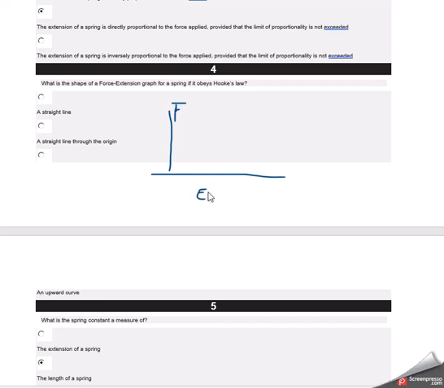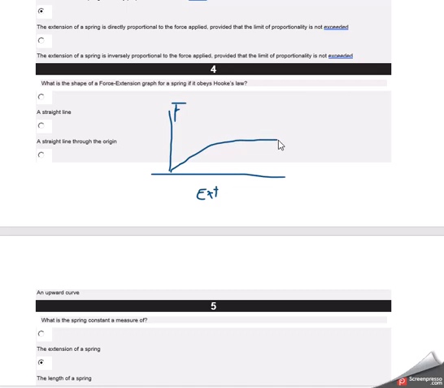Extension means stretches, and of course the stronger you stretch, the stronger the force. Basically, it's an increasing function. The question is whether it's linear or not. Hooke's law says it's supposed to be straight. But if it's not straight, it's not Hooke's law.